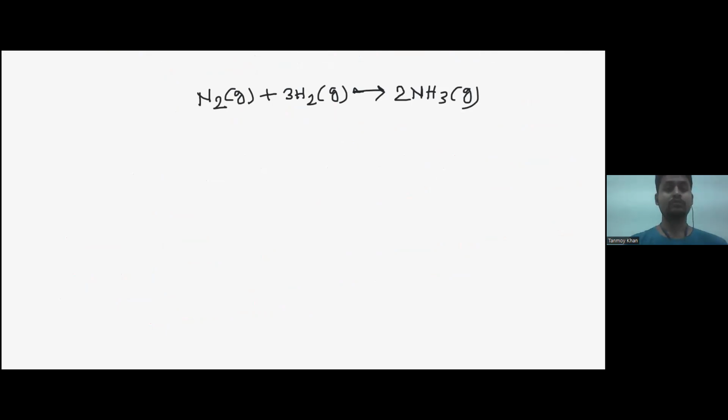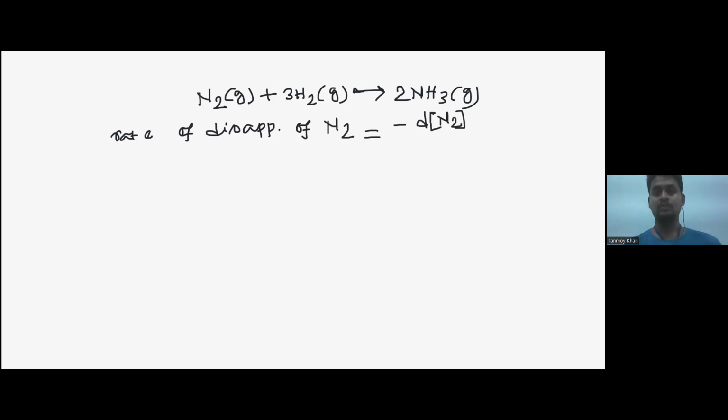Now, if you think about the rate of disappearance of N2, it will be minus d of N2 concentration by dt. For the disappearance of hydrogen, it will be minus 1 by 3 d of H2 by dt.